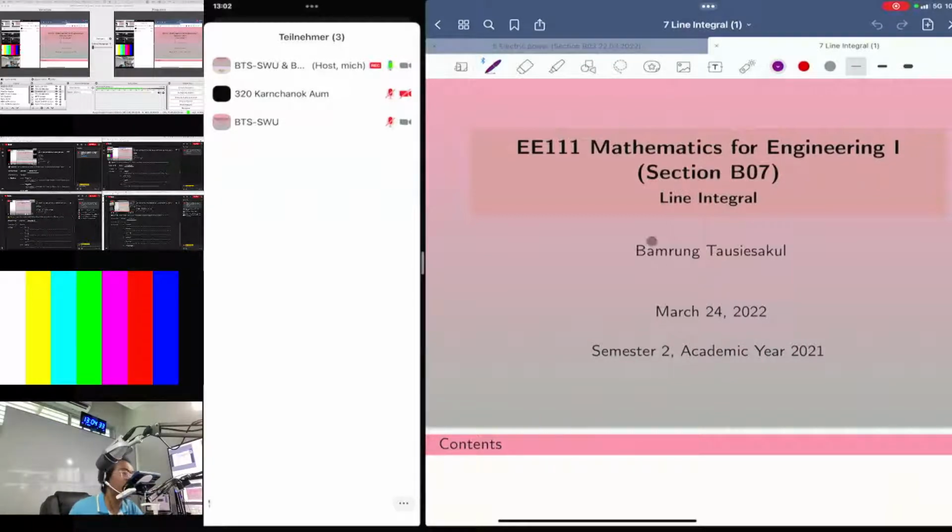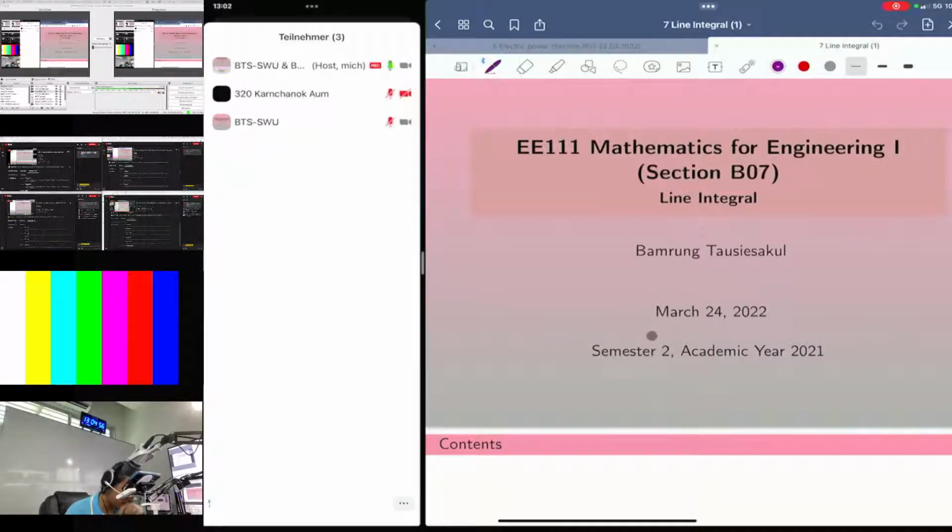But I don't know why many people say line integral. The Thai version of the course description of this subject says line integral, so it's better to use the direct name, line integral.